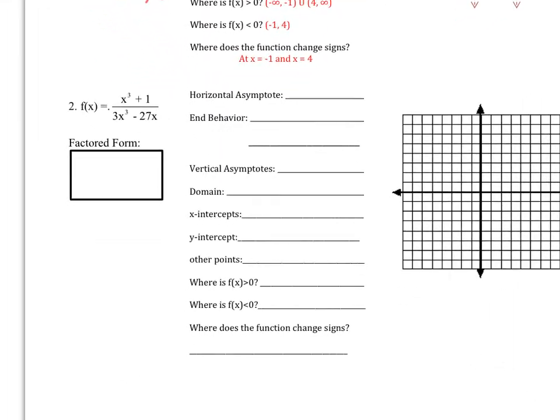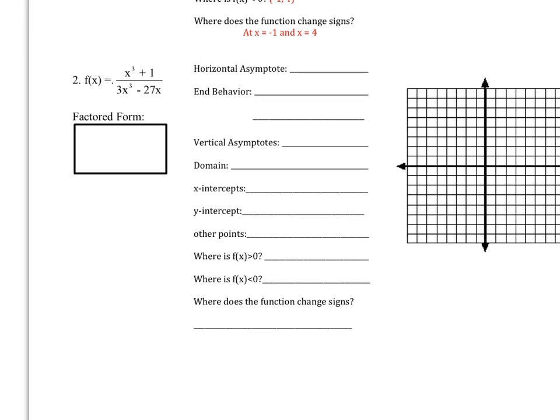So again, the goal is to factor this. This is also kind of nice because it's giving us a review from our factoring unit. So notice here you have a sum of cubes. That's going to factor down to x plus 1 times x squared minus x plus 1.